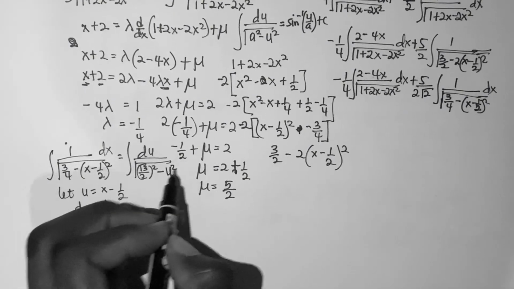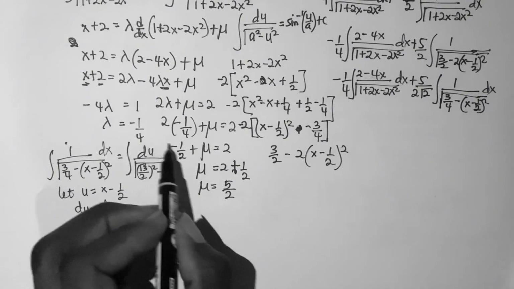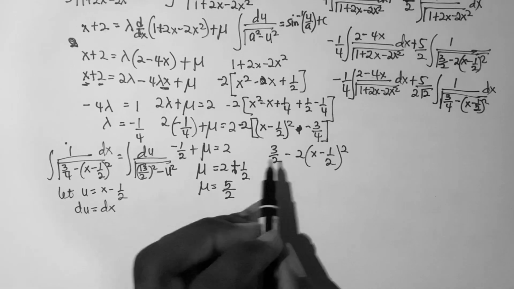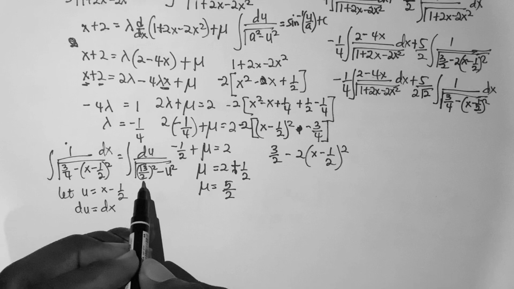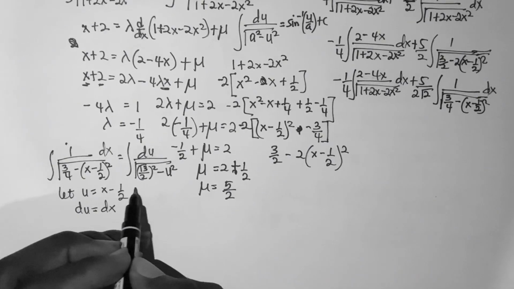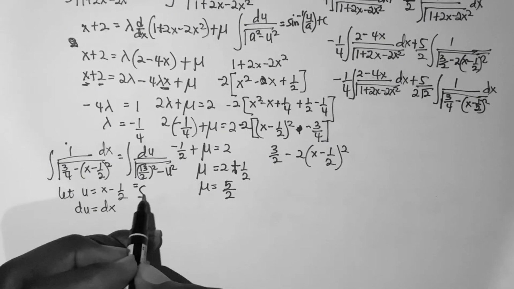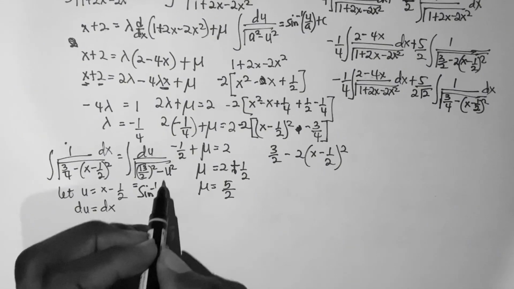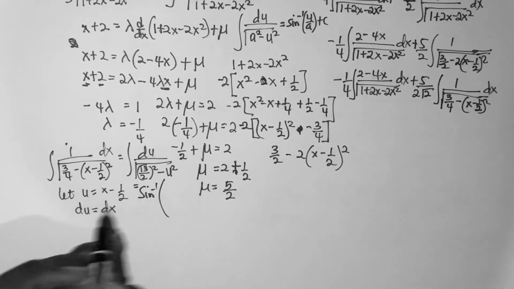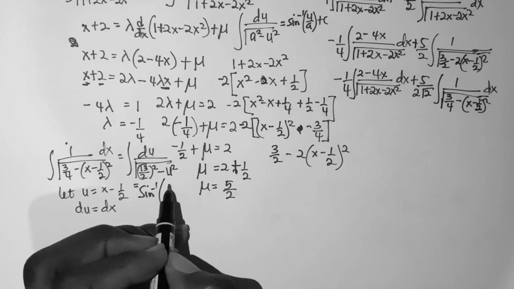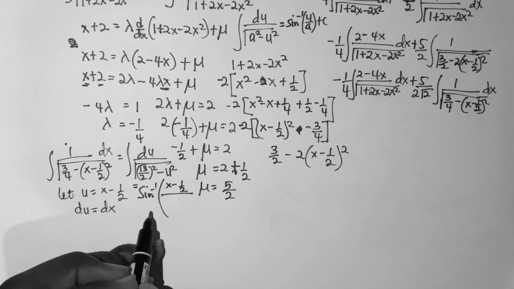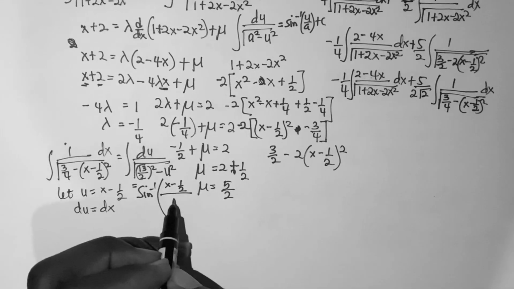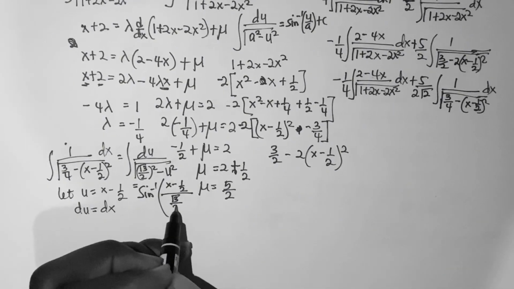So minus u squared. And in this case, our a is root 3 over 2. And therefore, this is equal to sine inverse of u, and u is x minus 1 over 2, all of this divided by a. Our a is square root of 3 divided by 2.